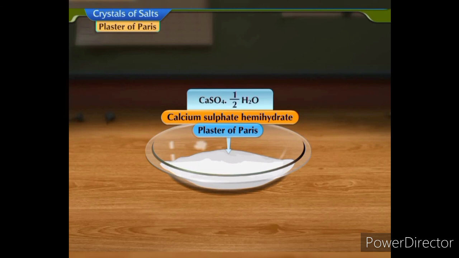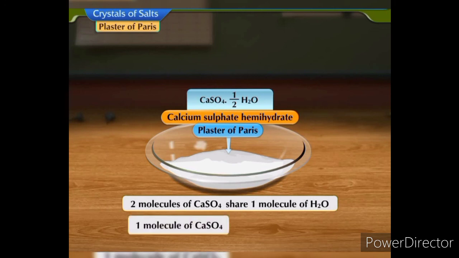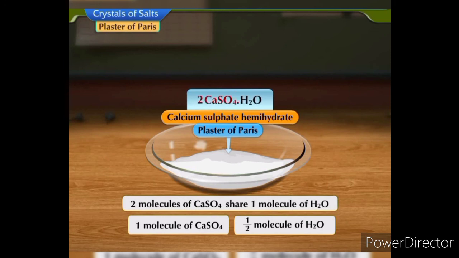The formula CaSO4·½H2O actually means that 2 molecules of calcium sulfate share 1 molecule of water, so the effective water of crystallization for 1 calcium sulfate unit comes to half molecule of water. Plaster of Paris can also be written as 2CaSO4·H2O. It is a white powder.